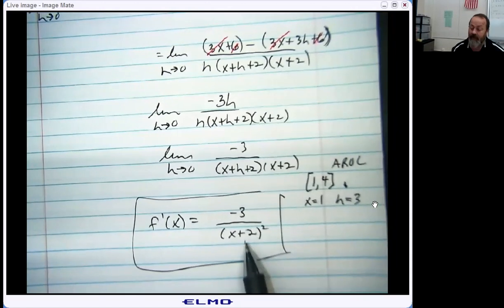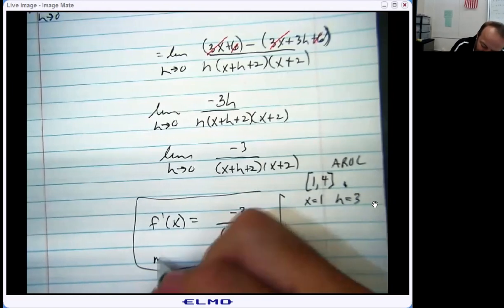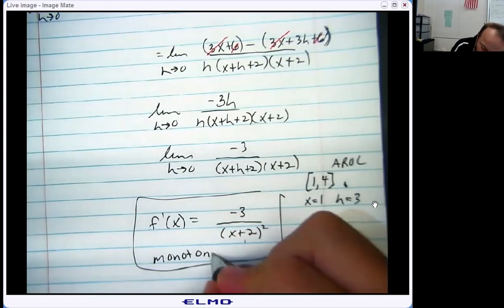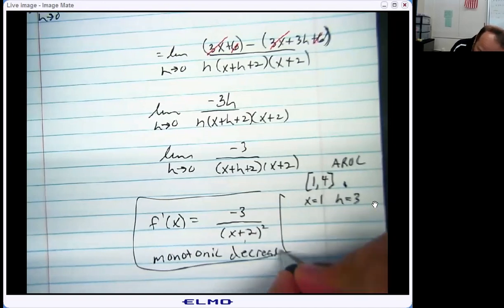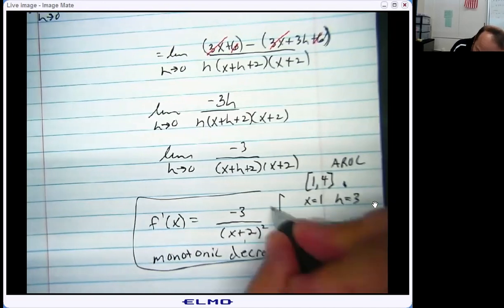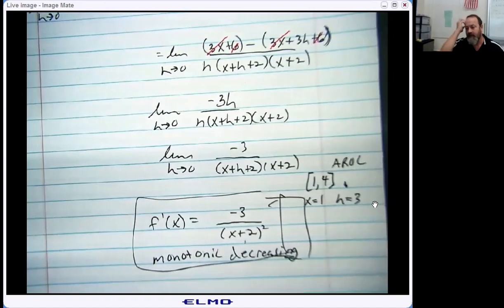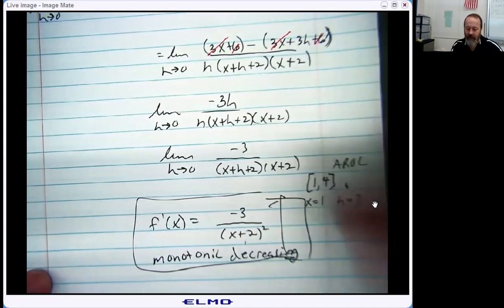I can't even let it be 0 because it would be undefined. But what I find is a negative divided by a positive is negative. So this is a monotonic, a single behavior decreasing function. I can see that no matter any value of x that I try to plug into this thing, the slope of that value will always be going downhill. So that's my first example.